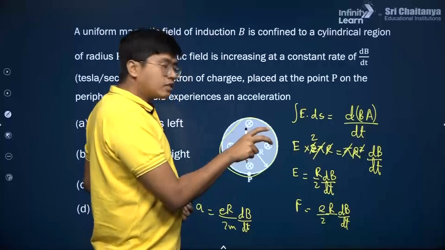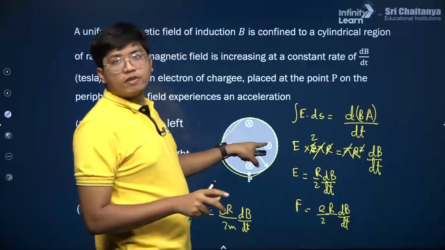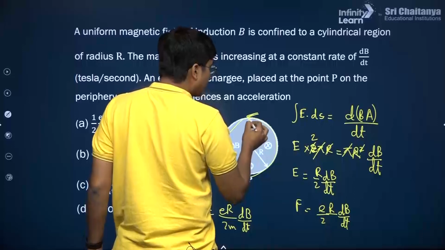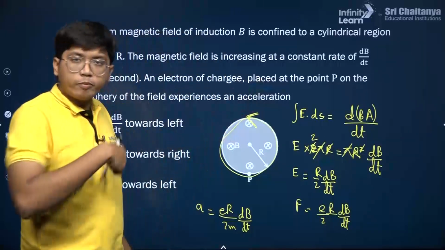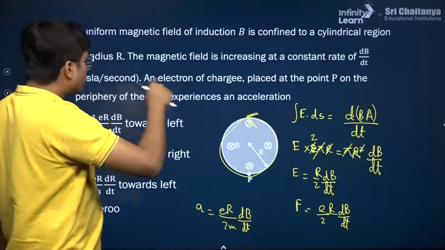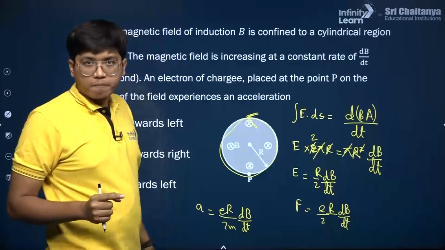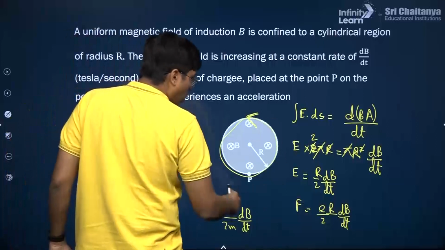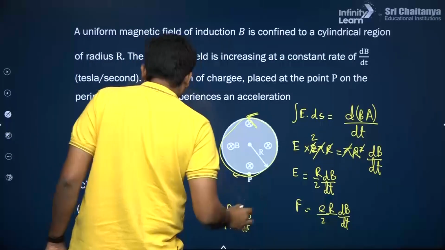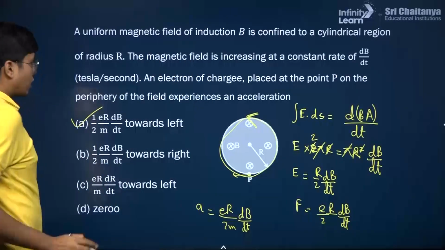So if north pole is coming closer, this face should develop a north pole, which means the current should be moving in this direction over here. Current should be moving anti-clockwise, which means the electron should be moving clockwise over here. Okay, electron moves clockwise over here. Electron clockwise means with regards to point P, it moves to the left. So this is our correct option.